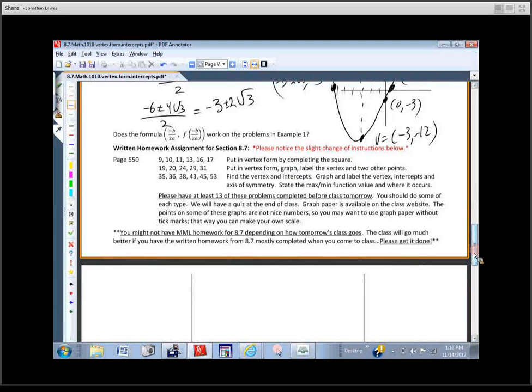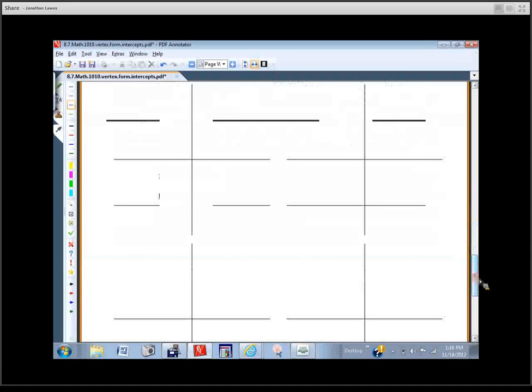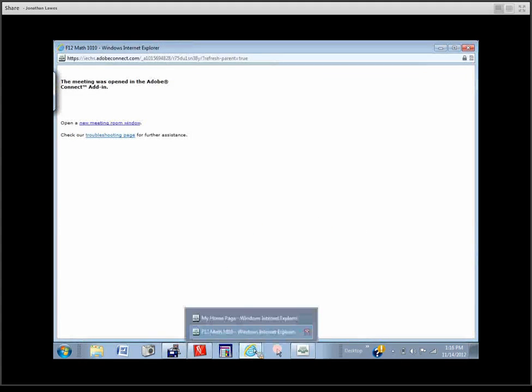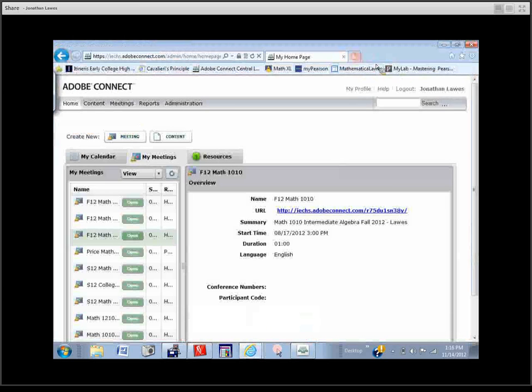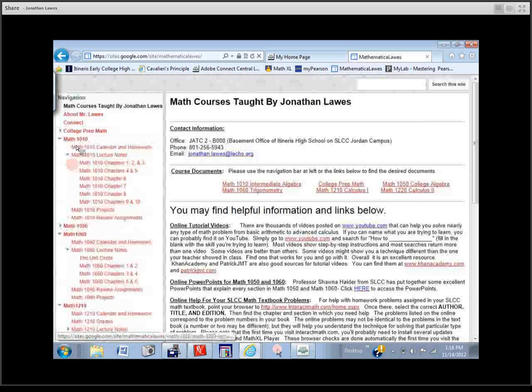I do have some graph paper on the website that doesn't have any tick marks. Because these shapes and the numbers that you have to graph can be a little bit odd, maybe without tick marks would work. I think I showed you this before. I've actually got a bunch of graph paper here, in chapter 8.